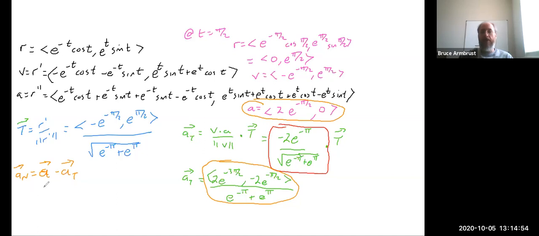So I'm not actually going to carry this out any further, but hopefully you see how easy it is just to take this minus the other one. I'm just too lazy to write it all out. All right, and so then once we're there, if I want to find N, I'm just going to take that AN that we just found and divide it by its magnitude.